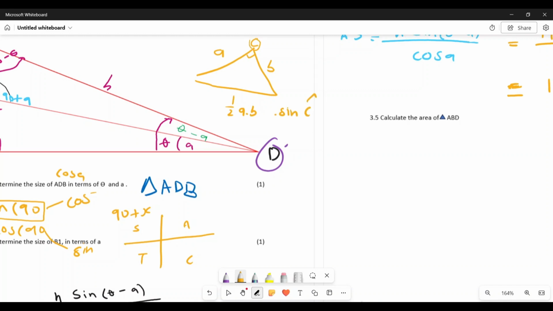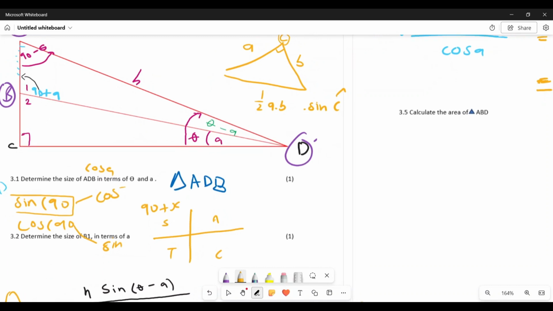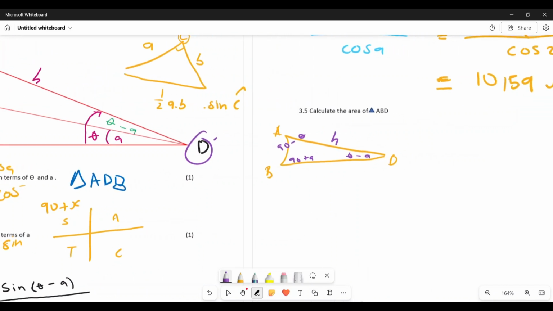All right, now let me draw ABD here. I have A, this is my D, this is my B. And my A is 90 minus theta. I have this angle as theta minus A, and this angle over here is 90 plus A. Now, I know that this is H. My AB, I've calculated before as 10,59.